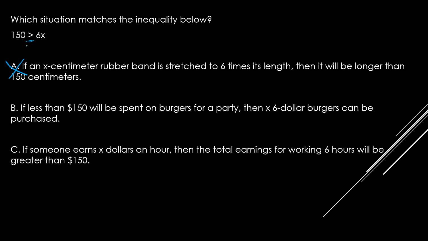For B, it says that if less than $150 will be spent on burgers for a party, then x $6 burgers can be purchased. That works because it has this word less than, right? If less than 150 will be spent on burgers for a party, then this amount of $6 burgers can be purchased.